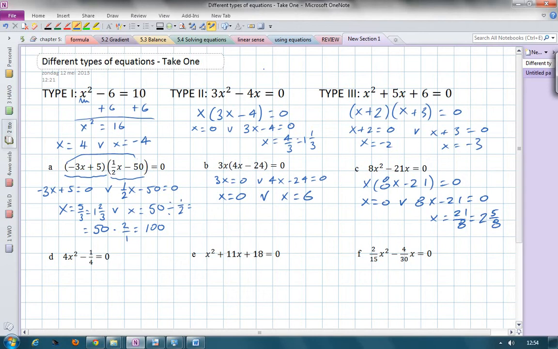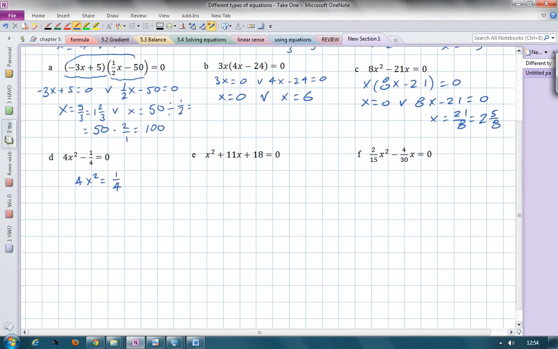This one has an x squared term, it has a constant term. In other words, this is a type 1 equation. The x term is missing. It's not this, it's not that. It's a type 1 equation. What do I do? I isolate the x squared on the left by adding a quarter to both sides. 4x squared is going to be equal to 1/4. Let me move this up a little bit. 4x squared is equal to 1/4.